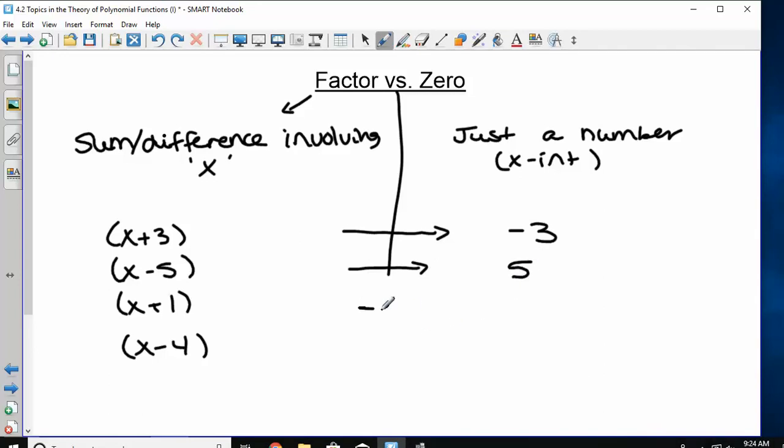If it's x plus 1, my 0 is negative 1. If it's x minus 4, my 0 is positive 4. So when I'm talking about a factor, if I tell you to give me the factors, you have to put the x with it. If I want the 0, you're giving me just the number itself. Okay. You find those things the same way. It's really just how you answer the question. Do you put the x with it or not? Questions there?